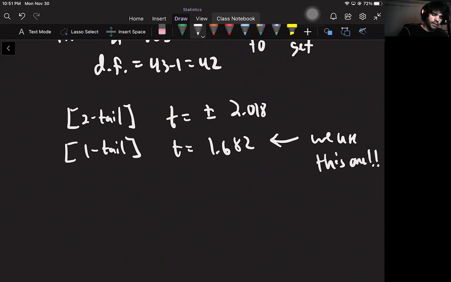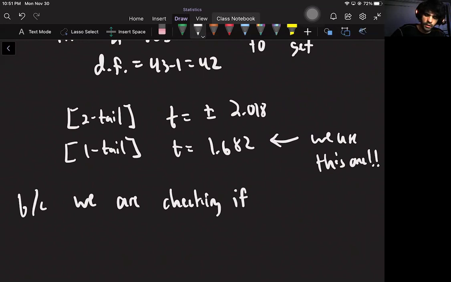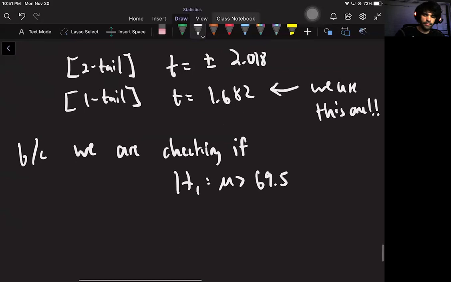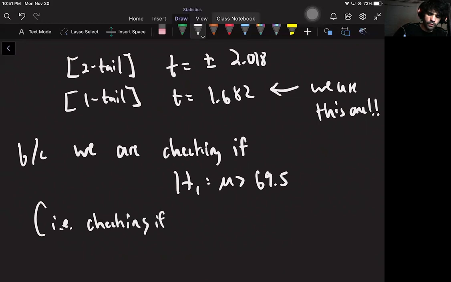And it's because we are checking an alternative hypothesis where we have a greater than symbol. So what this is really saying is we're checking if our t-score is too far to the right.